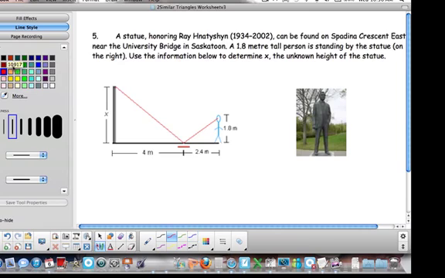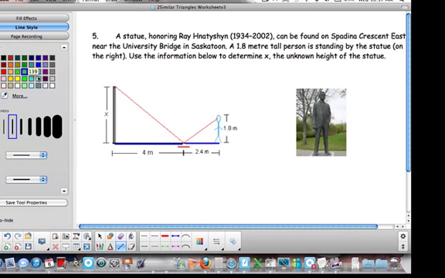Same idea, except we've got a word problem here now, and we've got two similar triangles, and these two sides, along the ground, are going to be corresponding sides. The height of the statue and the height of the person are also corresponding sides.